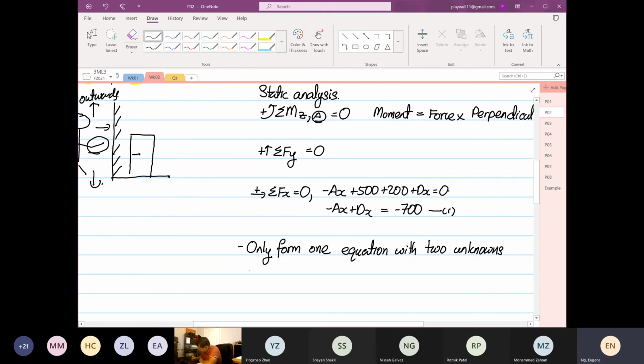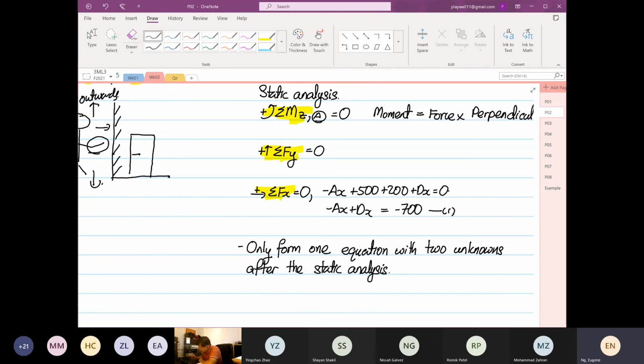So after the static analysis, okay, we should have done summation of moment, summation of forces in the y, summation of forces in the x. Okay, we cannot solve it, because one equation, two unknowns, we cannot solve it.